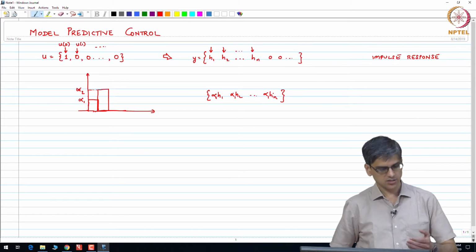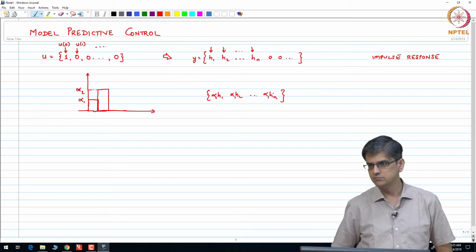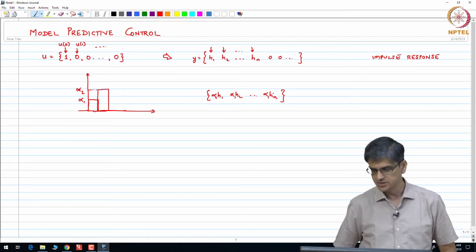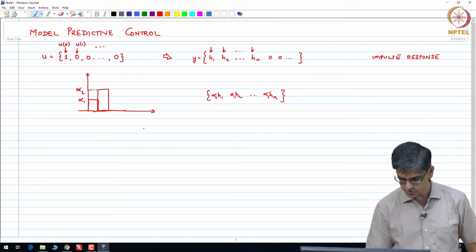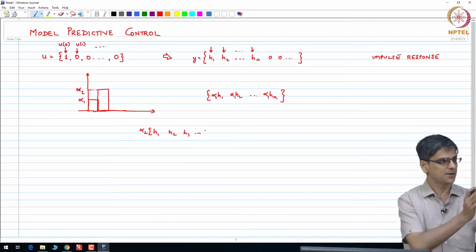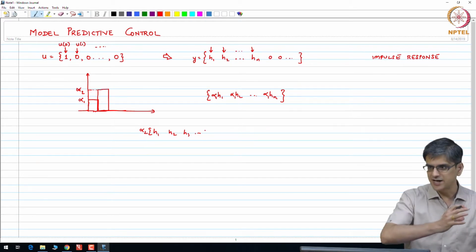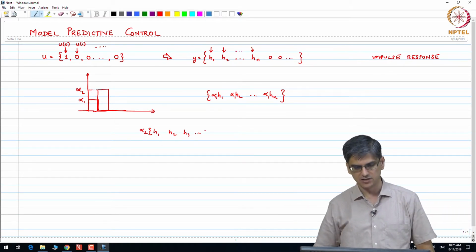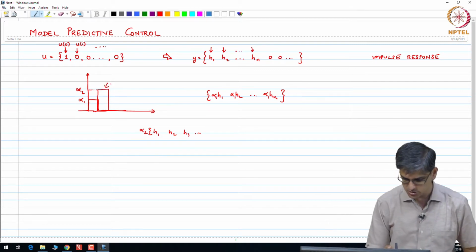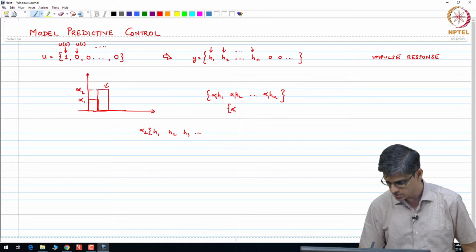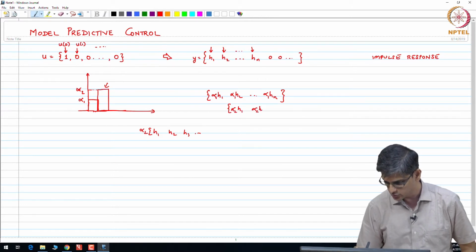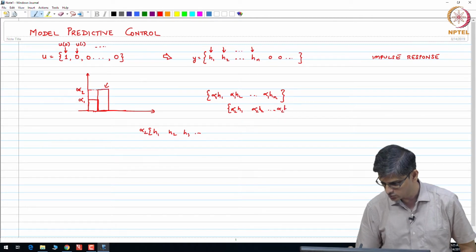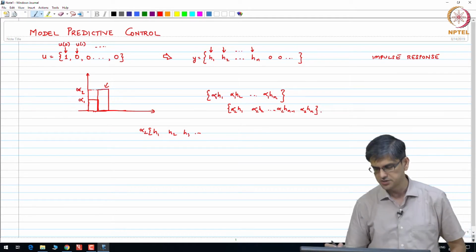So, what is the response to alpha 2? The response just to alpha 2 is going to be alpha 2 multiplied by h 1, h 2, h 3 and so on. But this alpha 2 has not happened at 0, it has happened at 1. So, that entire thing is going to just be shifted by 1, right. So, the response to this is going to be alpha 2 h 1, alpha 2 h 2, and so on up to alpha 2 h n minus 1 and alpha 2 h n.